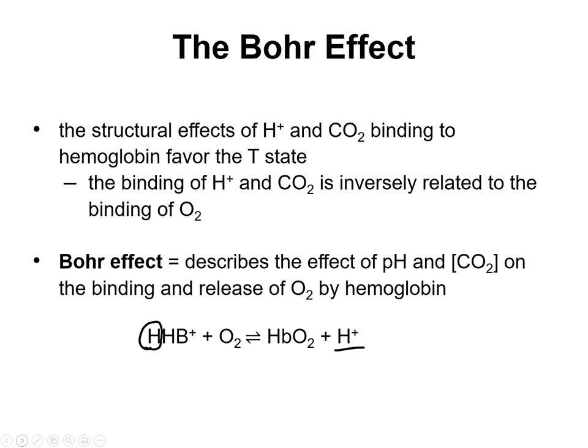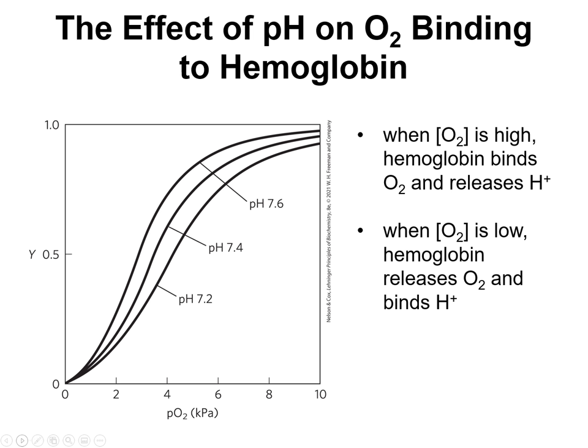When you have an increase in hydrogen, what does that mean for your pH? If you increase the concentration of H+, then that leads to a decrease in your pH. More acidic. So when oxygen concentrations are high, hemoglobin will bind oxygen and it will release hydrogen.